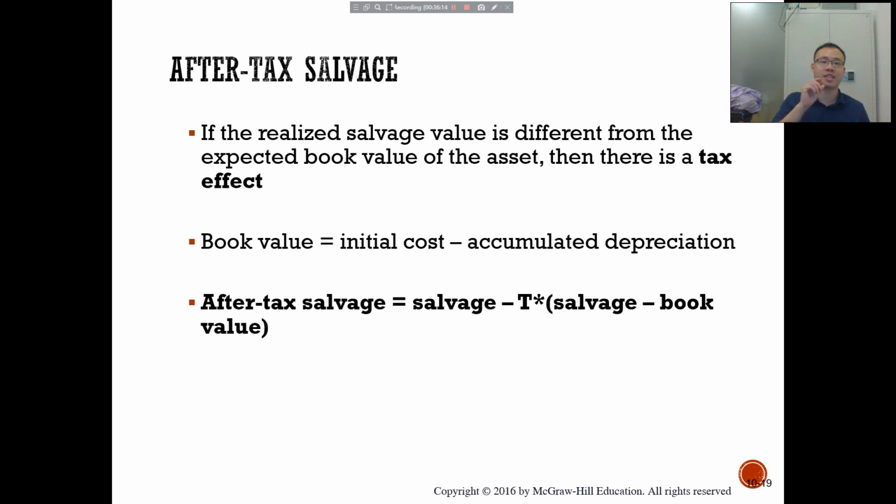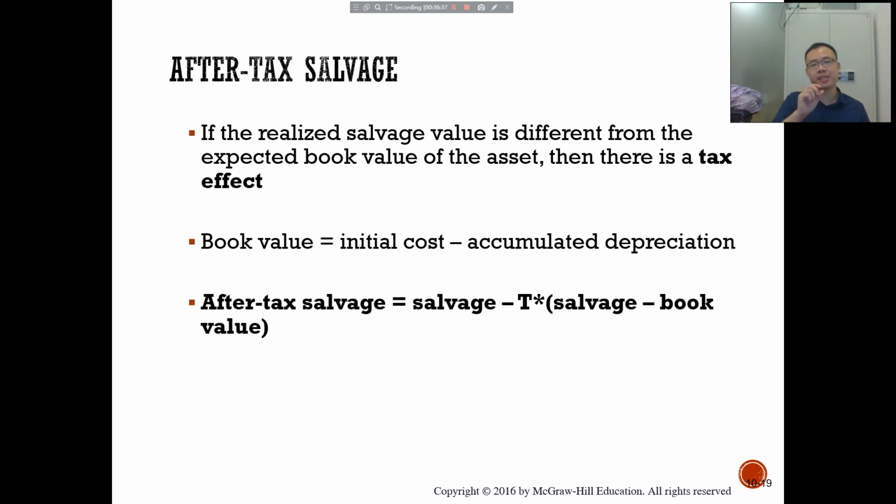That is called salvage. But it is not the after-tax salvage, because when your salvage value is more than your book value, you get more income, and for this extra income you need to pay taxes.